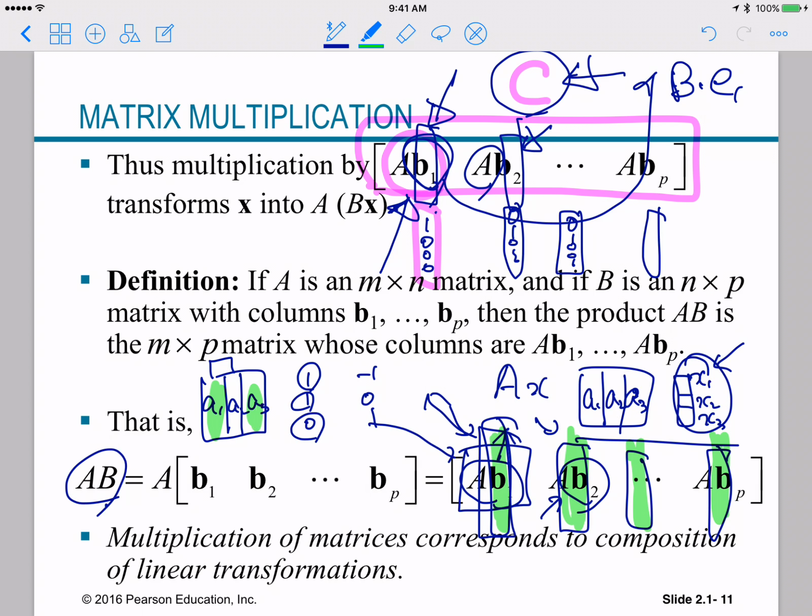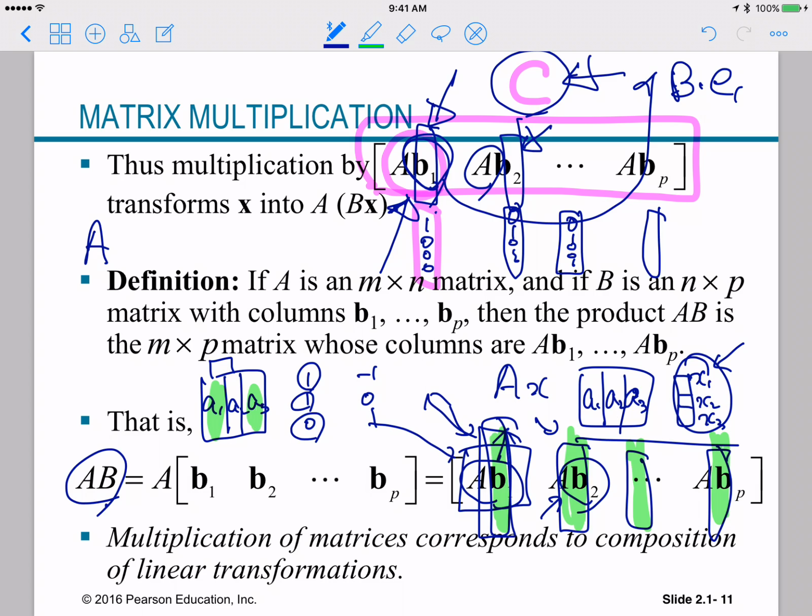The question I wanted to ask is this: think about the span of the columns of A. That was our possible space where B can live in order to have a solution. So B belongs to the span of the columns of A, and then we can say that we have at least one solution.